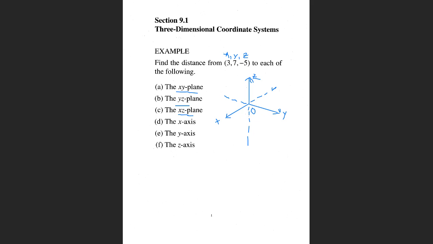How many octants are there? That's right, there are 8. The axes split space up into 8 octants: 4 above the XY plane and 4 octants below the XY plane. And you have 3 planes.